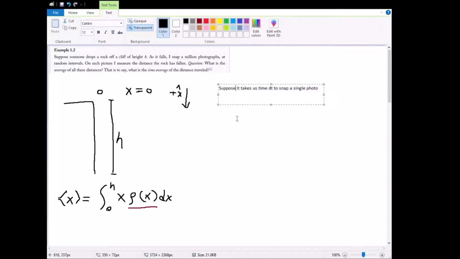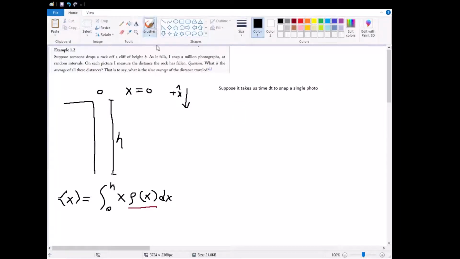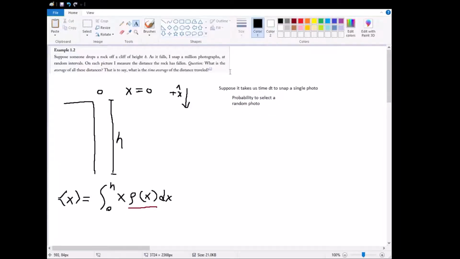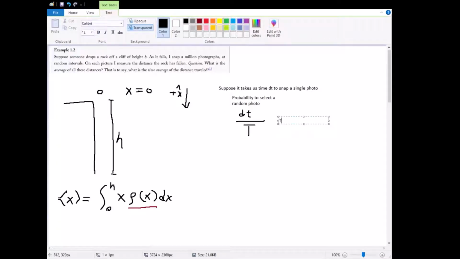Then, if the photos are all taken randomly, the probability to select a random photo is just dt, my small time interval, divided by the total time T that it takes for the rock to hit the bottom of the cliff, where T is the total time the rock falls for.